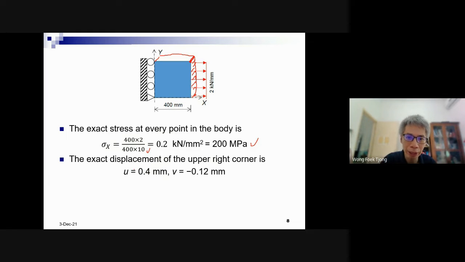You can just plug in the coordinates here and then we get the displacement. Okay, this is the exact displacement. Because now we are learning about CST, how to use CST for this simple problem, we want to compare with these results.